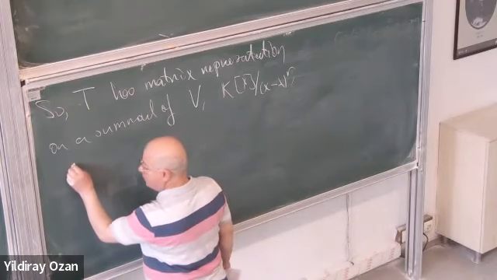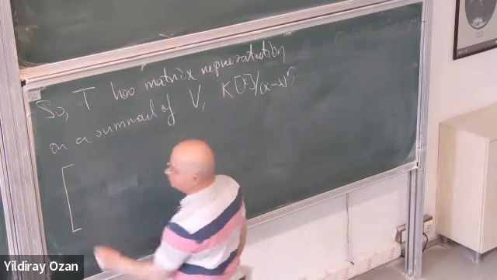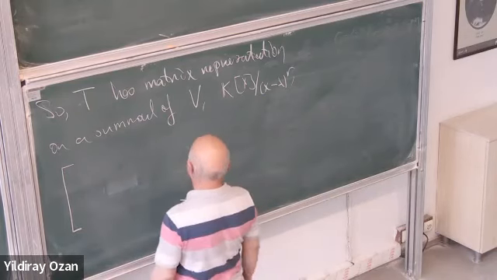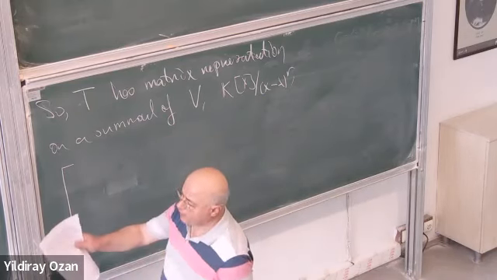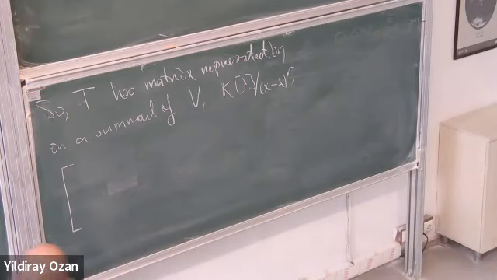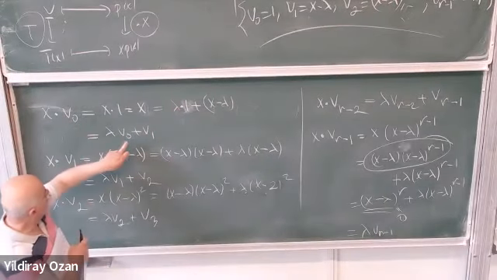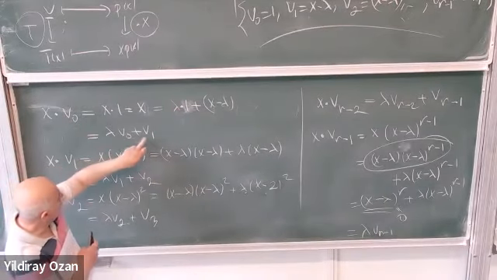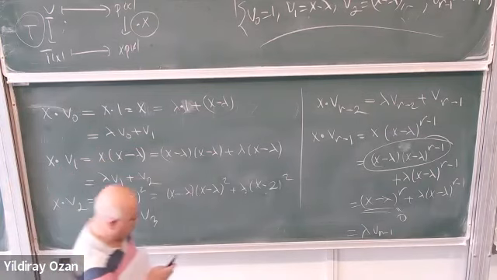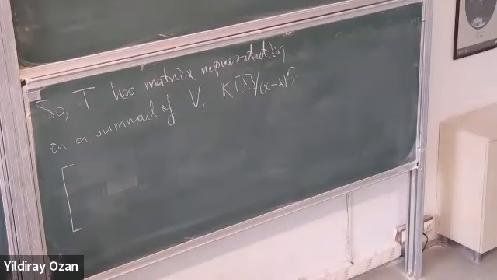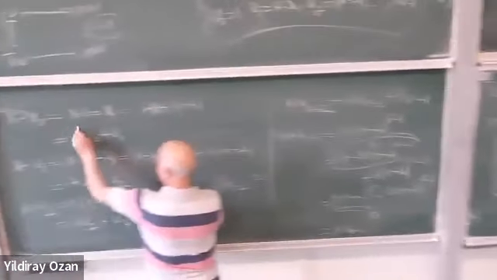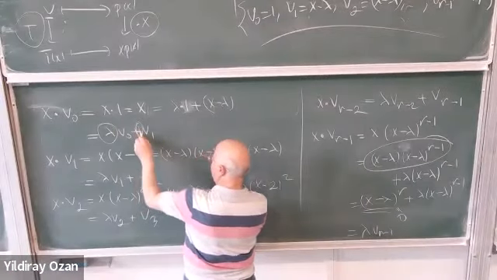What is it? First vector, so v0, is mapped to lambda times v0 plus v1. So what is that? I will write these coefficients, right? I will write these coefficients lambda and 1.